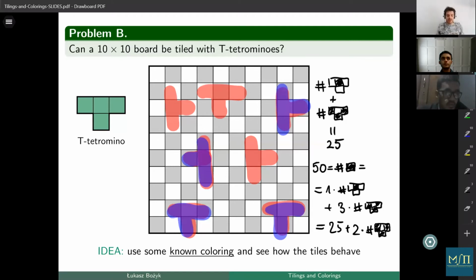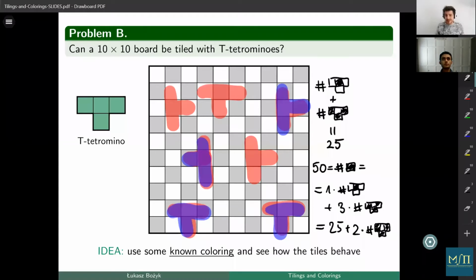So what I would like to show you with this problem is that coloring is not everything you should do, right? After you color and observe, you can do some counting, you can provide some parity arguments or arguments modulo some other numbers than 2, and arrive at the contradiction with the assumption that such a tiling existed.